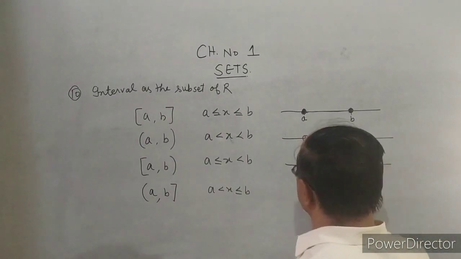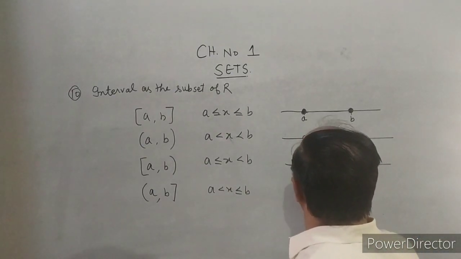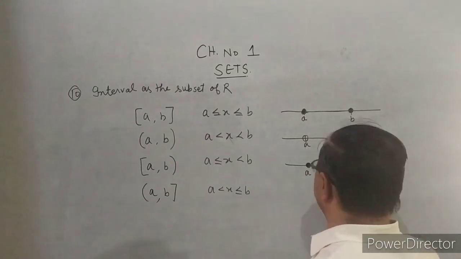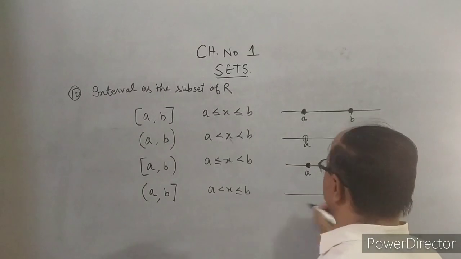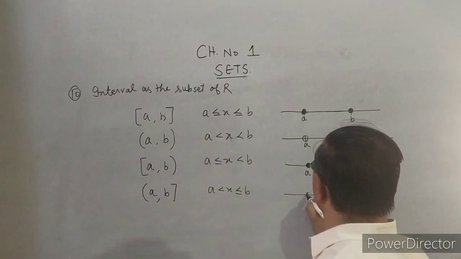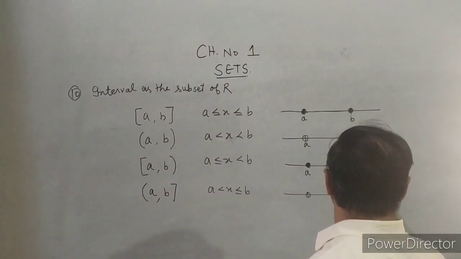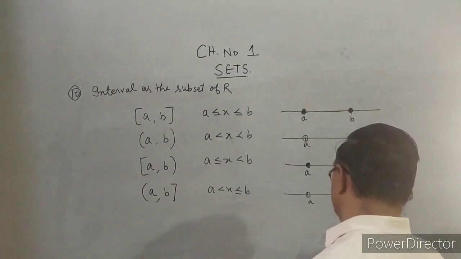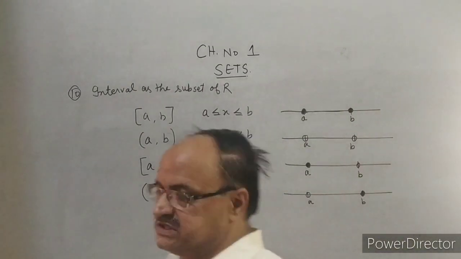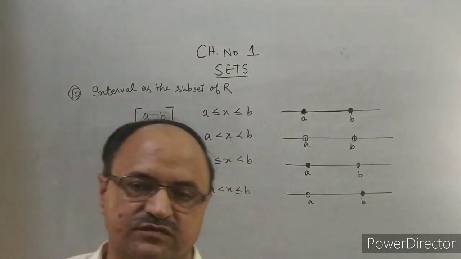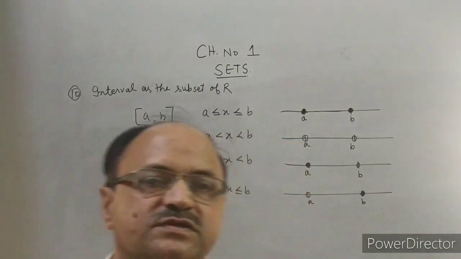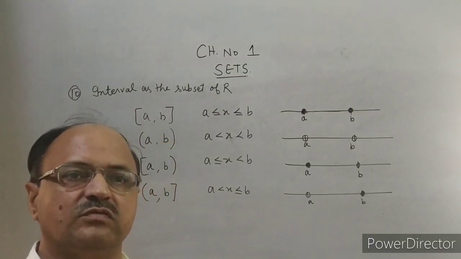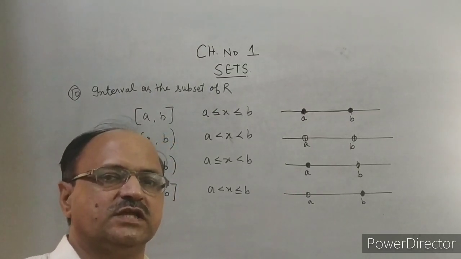And here A is included and B is not included. And in this, A is not included, B is included. Okay? So these are the intervals as a subset of R. We use these intervals for real numbers only, correct? When we express the set-builder form in the reals, then we use them.